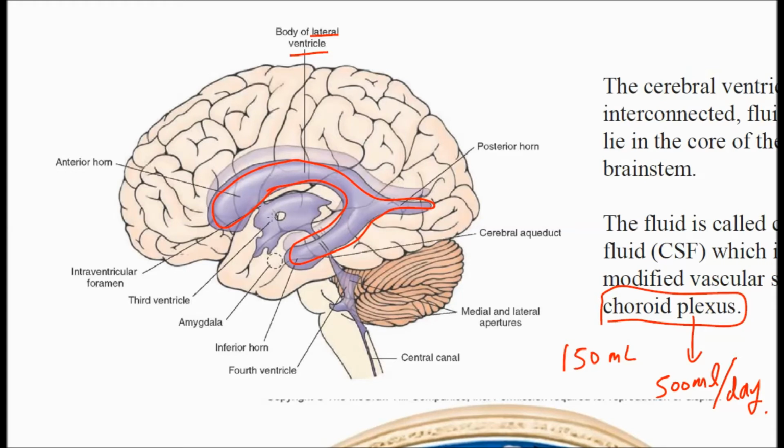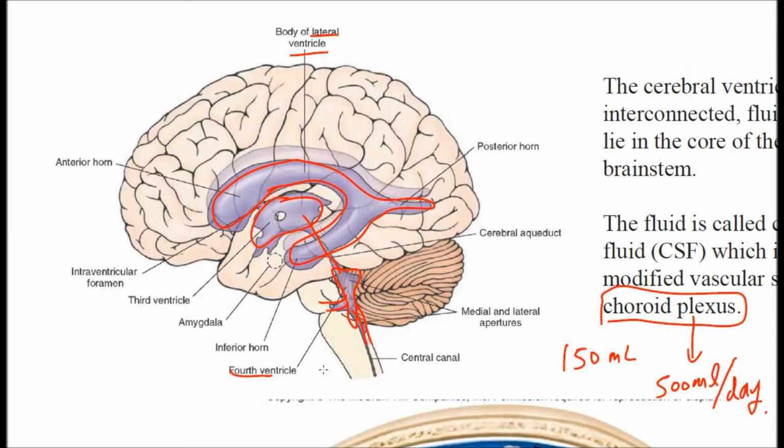They're connected to the third ventricle that sits between the two thalami, and it is connected to the fourth ventricle via the cerebral aqueduct. This narrow passage is the cerebral aqueduct. And from the fourth ventricle, near the cerebellum, it drains out to the subarachnoid space.